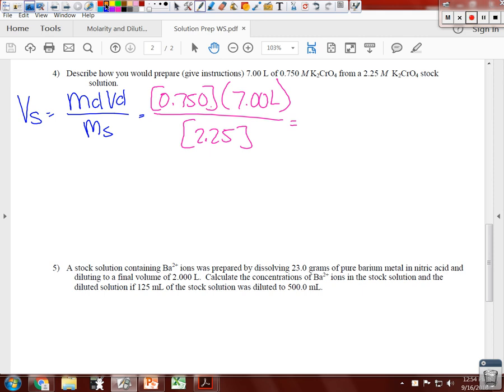So how many sig figs? Now, here's an important question. That's 10.3 what? Oh, 2.3. I thought you said 10.2. So it's 2.33 what? Liters. Very good. Of K2CrO4. So 2.33 liters of K2CrO4.